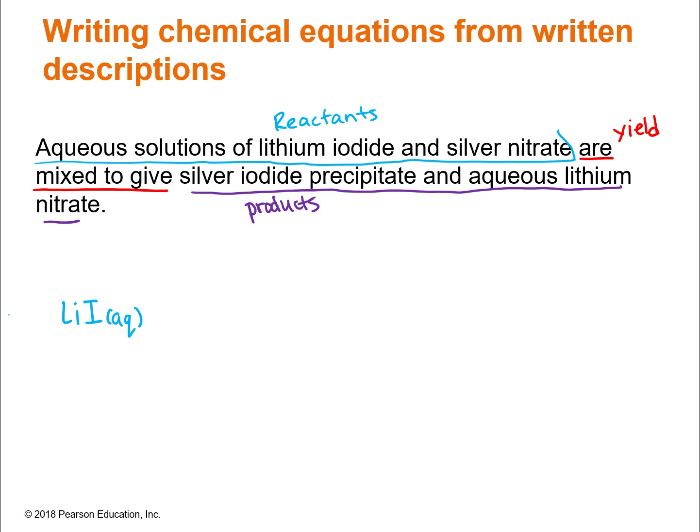And you don't want to forget to put the state of matter in parentheses next to the chemical formula. So aqueous solution, you put the AQ in parentheses. Those are the reactants.